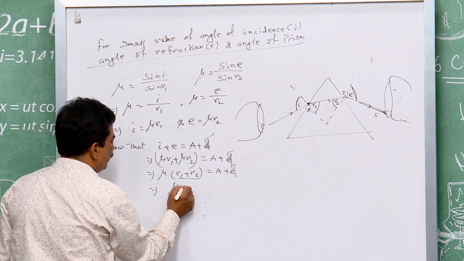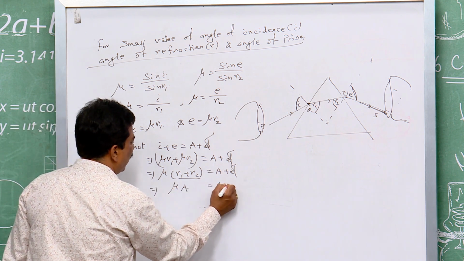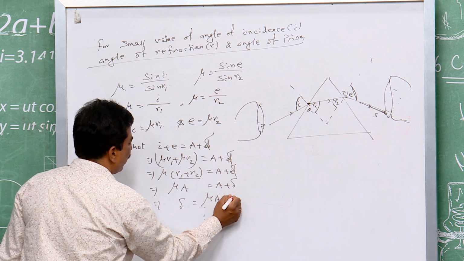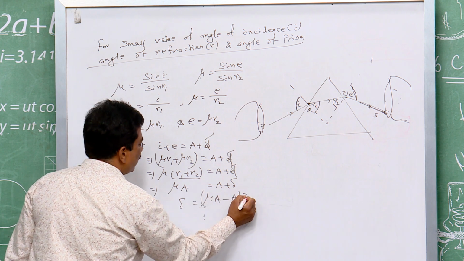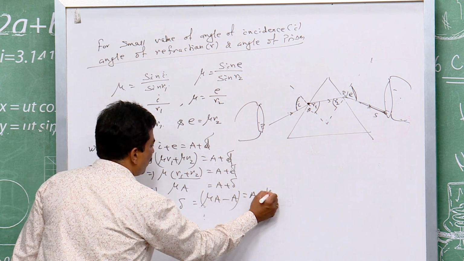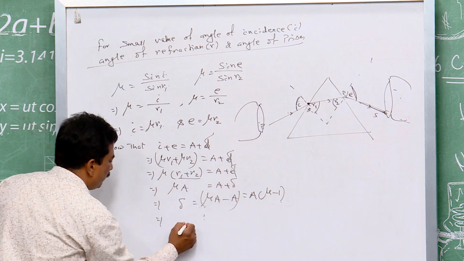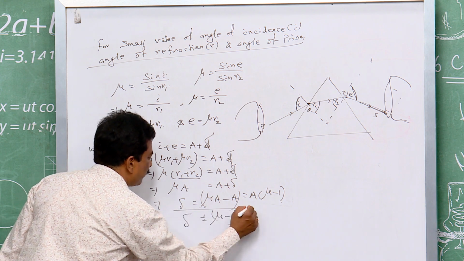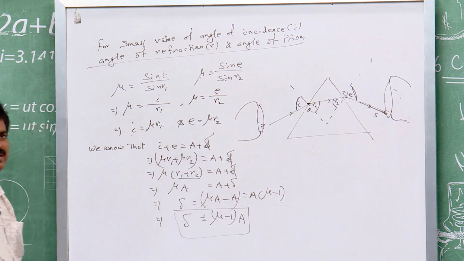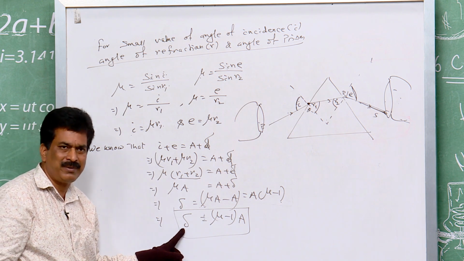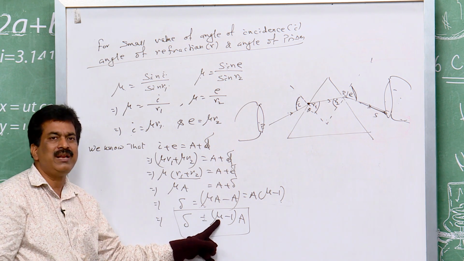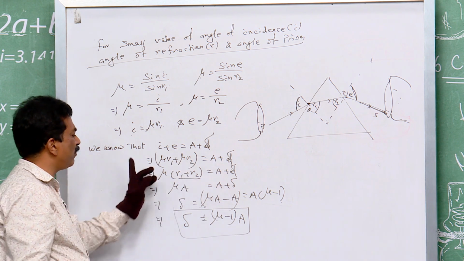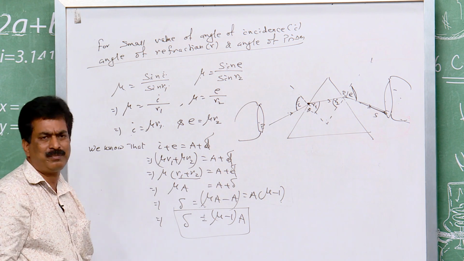So mu A is equal to A plus delta. So delta is equal to mu A minus A. If you take A as common, delta is equal to (mu minus 1) into A. This is another important relation. Delta, the angle of deviation, is related to the refractive index and the angle of the prism. So these are the important formulas for refraction on a prism surface.